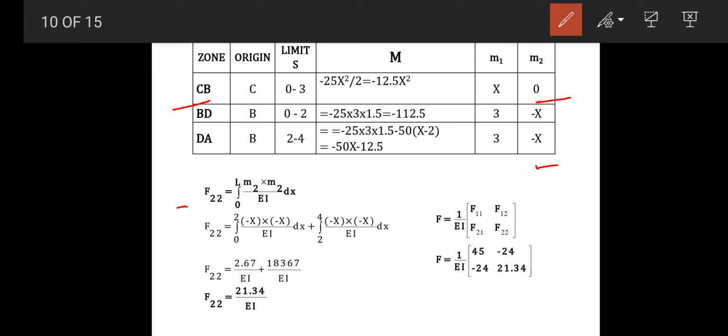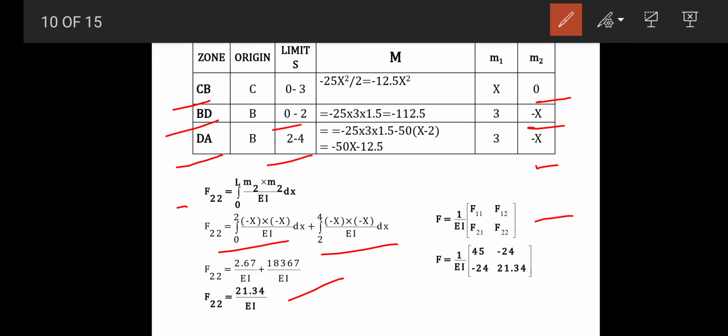So the next zone is BD, and the limits are 0 to 2, and the value for m2 is minus x. So m2 into m2 means minus x into minus x divided by EI into dx. And next is DA, and the limits are 2 to 4, and the value is minus x into minus x divided by EI into dx. By simplifying, we have F22 equal to 21.34 divided by EI.